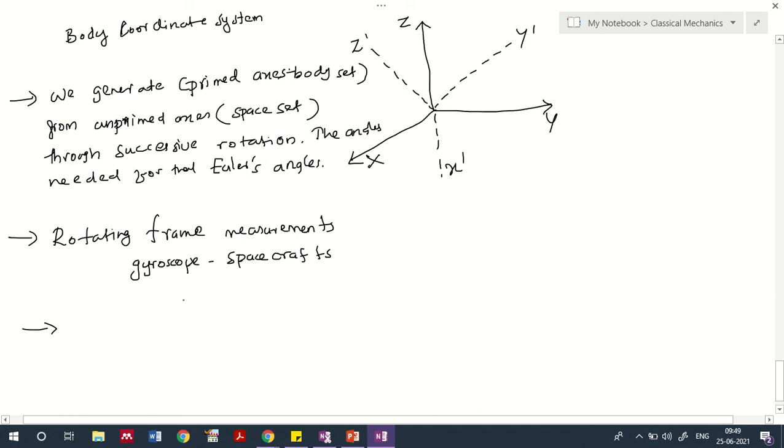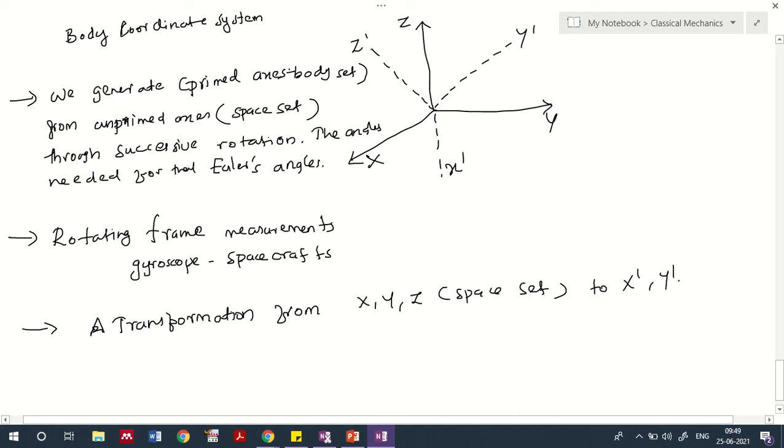And what we do in Euler's angle is that we do a transformation from x y z. We have seen some transformation equations in yesterday's class also. We need to transform from x y z, that is the space set, to x dash, y dash and z dash, that is our body set of axes, in a specific sequence.